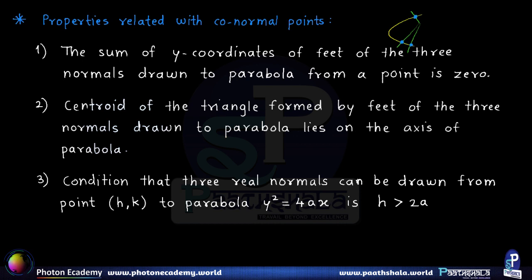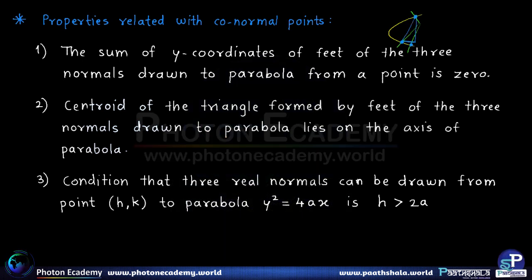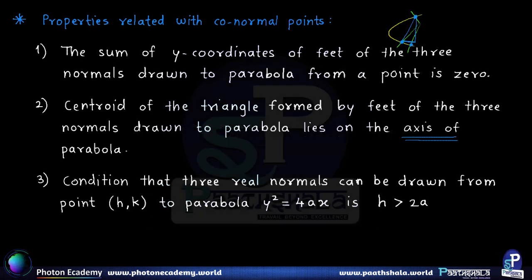Secondly, if we join these 3 points and make a triangle, the centroid of that triangle formed by the feet of the 3 normals lies on the axis of the parabola. In other words, the y coordinate of the centroid of that triangle is 0, which directly comes from the first property because the sum of the y coordinates of the 3 feet is 0.